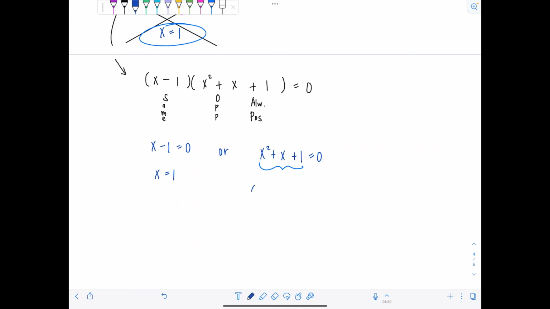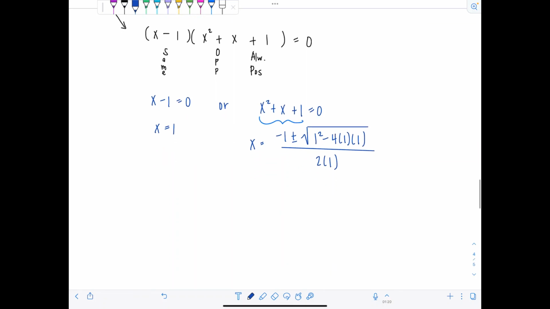So x equals opposite of b plus or minus square root b squared minus 4ac all over 2a. So x is equal to, let's see, negative 1 plus or minus square root 1 minus 4. That's going to give me a negative 3 underneath the radical over 2.